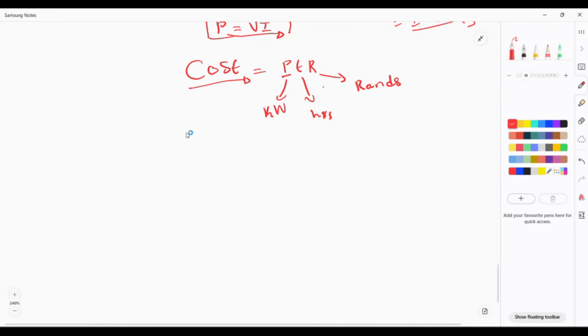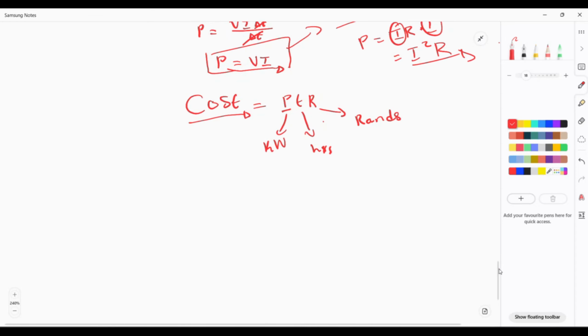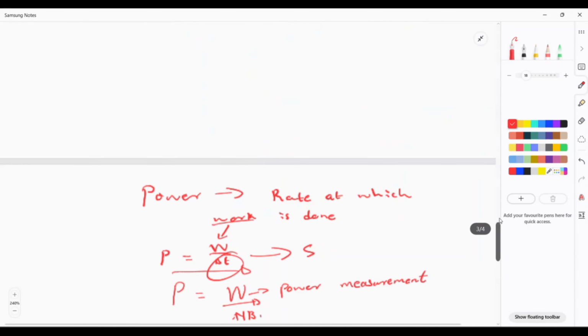Your cost is then going to be in rands. That is all that I can give you without questions. We'll find examples in the questions for sure, and then we see what we have from there. I don't want us to get tired before doing a lot of questions.